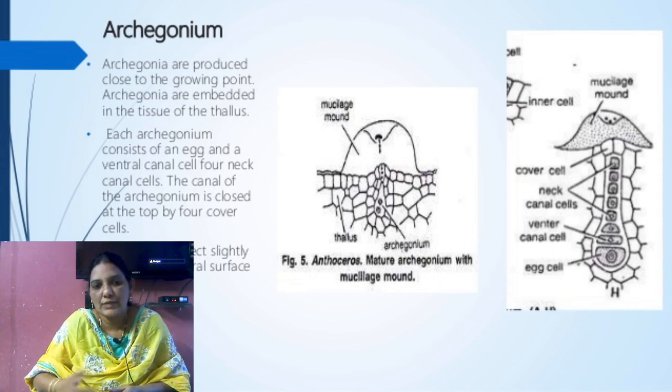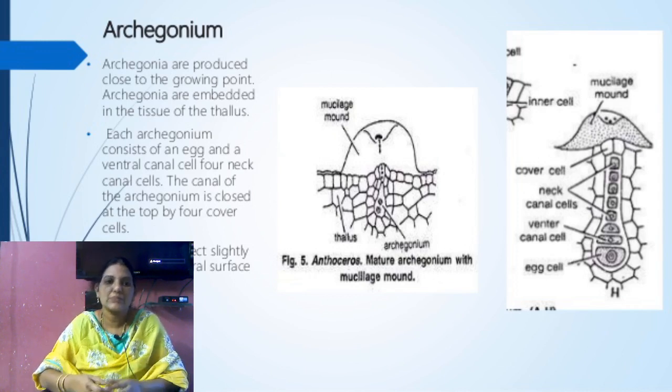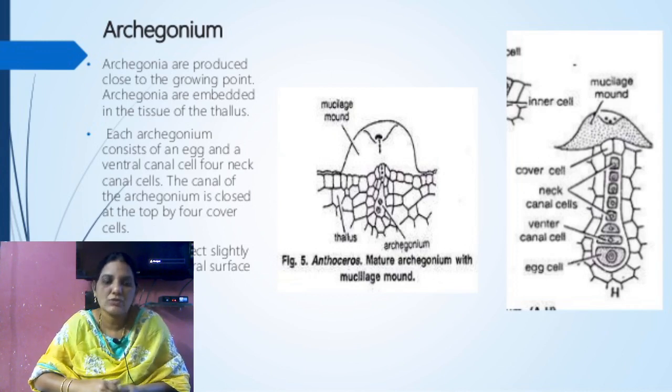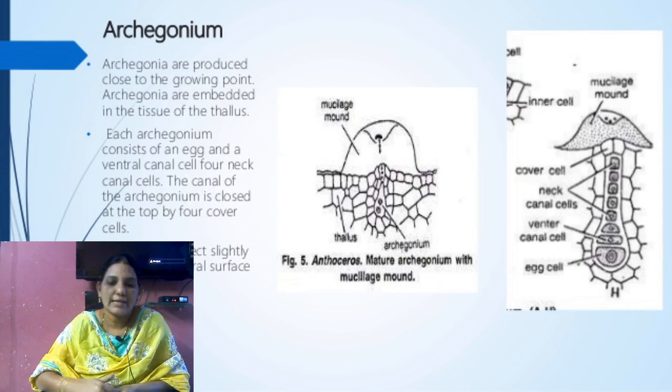Many male gametes enter the archegonium, but only one male gamete fuses with the one female gamete, and they form one zygote. So the androspores are attracted by the sweet chemical, and the fertilization is based on the sweet chemical. So this is called chemotaxis.